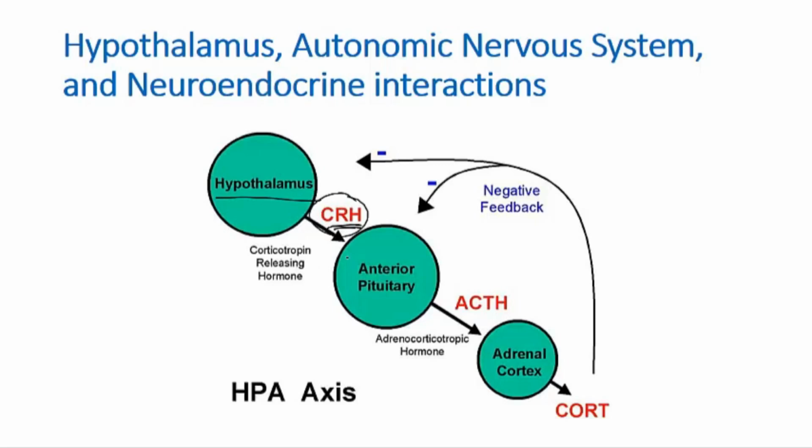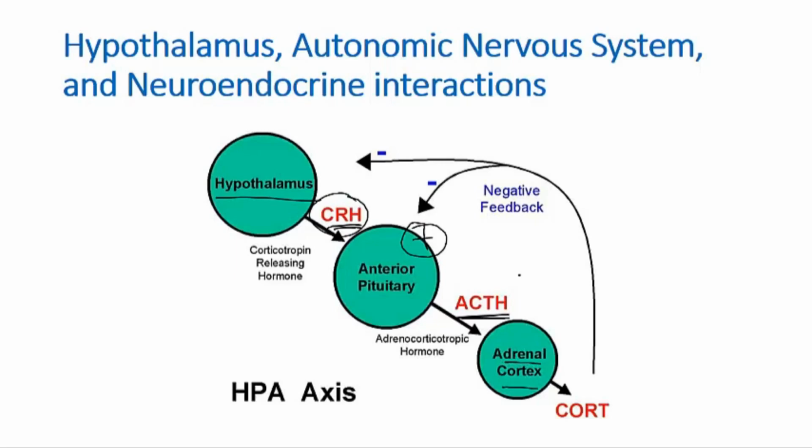This corticotropin release hormone acts on the anterior pituitary, and then the anterior pituitary gets a positive signal. So the anterior pituitary starts releasing adrenocorticotropic hormone, which goes and interacts with the adrenal cortex or adrenal gland that is present near the kidney.